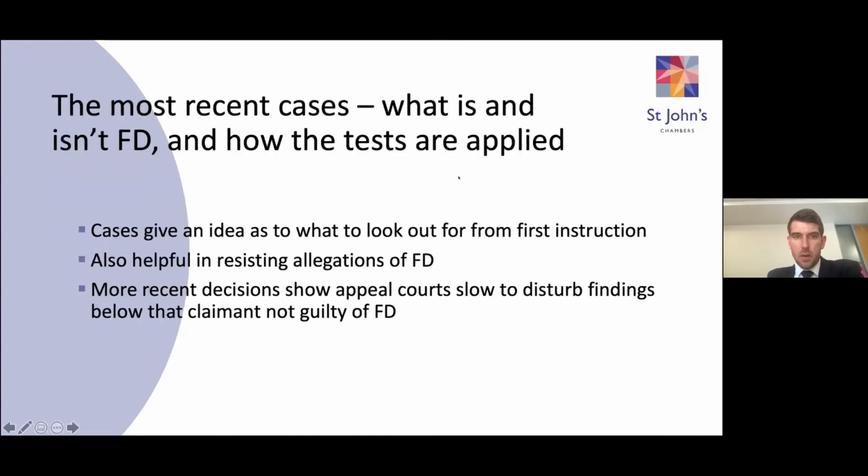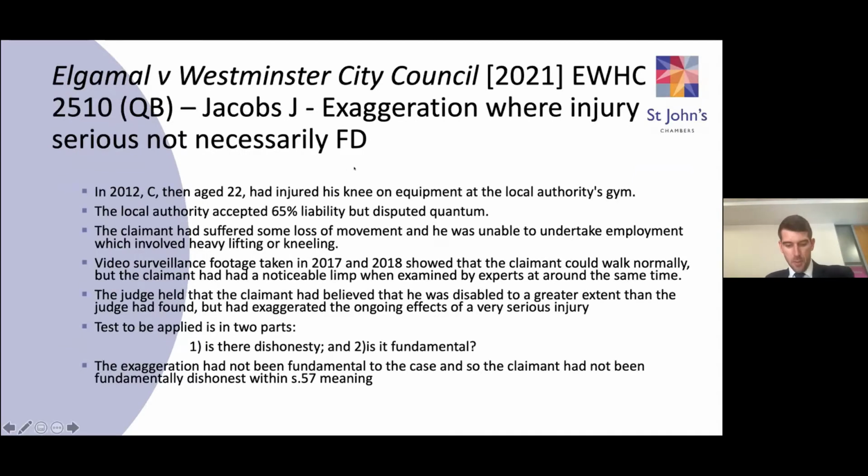The more recent cases, to give you an idea of what is and what isn't fundamental dishonesty and how the tests are applied, are these. Elgamal and Westminster City Council, a decision of Mr. Justice Jacobs in the Queen's Bench Division recently, where it was said that exaggeration of injury is not necessarily fundamental dishonesty.